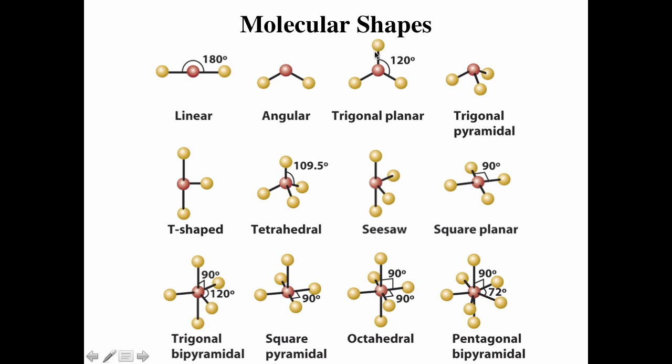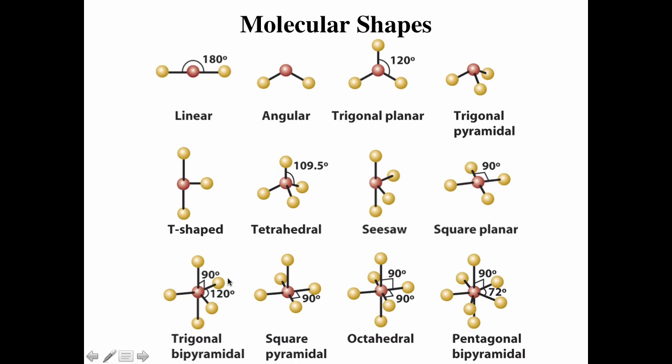And so electron geometry would be trigonal planar. The molecular shape would be bent or angular. Or say you had tetrahedral electron geometry, and this top one was a lone pair, then that would correspond to a molecular shape of trigonal pyramidal and electron geometry of tetrahedral. And so again, electron geometry and molecular shape are only the same when there's no lone pairs on the center atom.